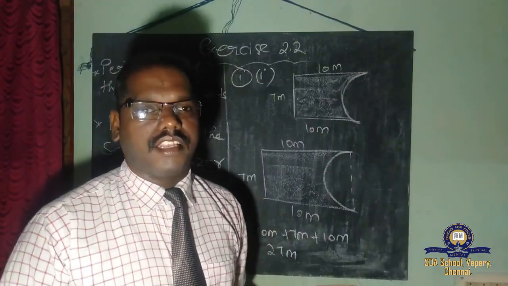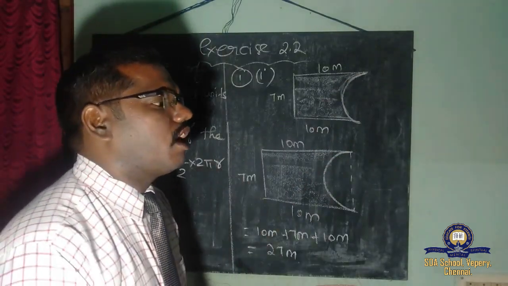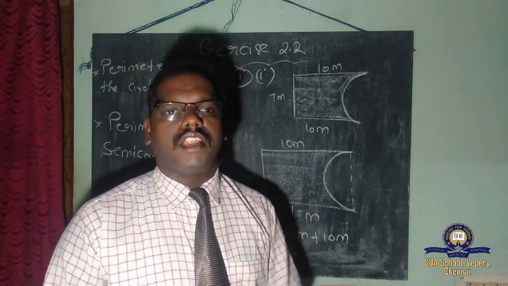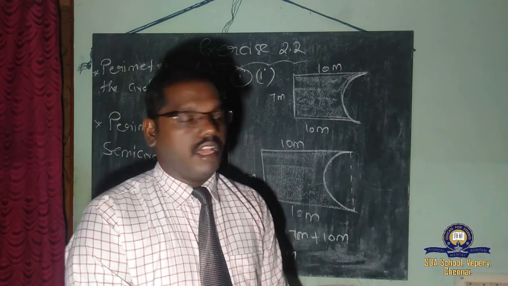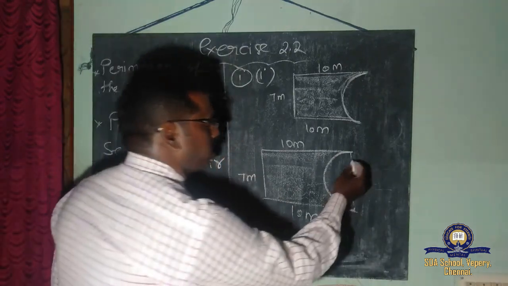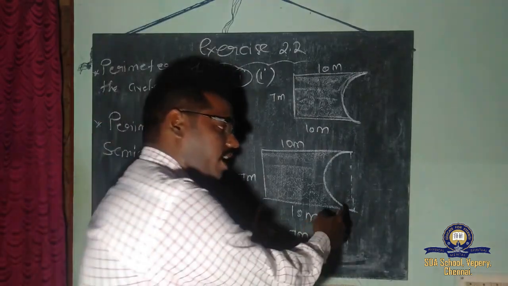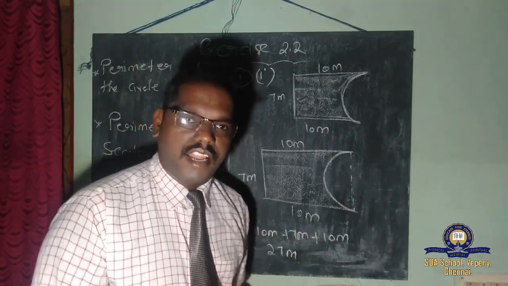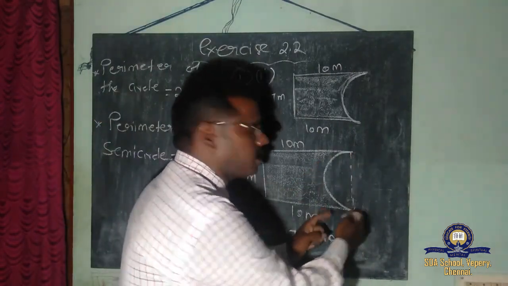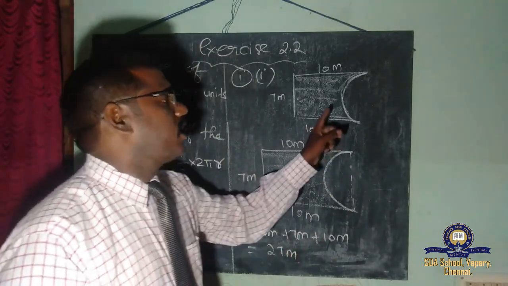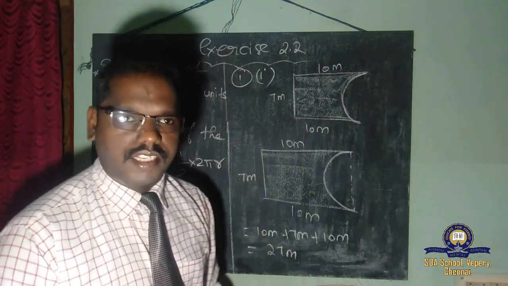So I cannot use any formula to find the perimeter and area for this one. If I draw a line like this, then I can consider this shape a rectangle and this shape a semicircle, it's okay. But the given shape is not like that, isn't it?